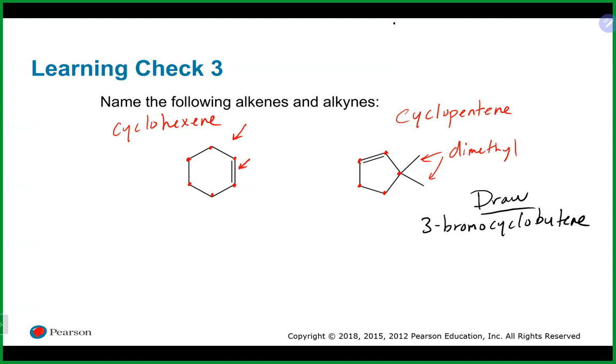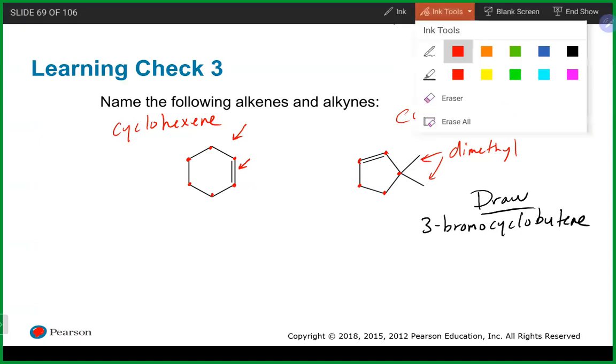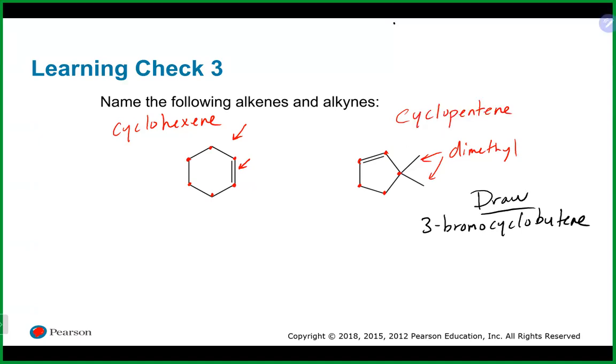In terms of numbering, we have 2 options. Remember that you do need to go through the double bond, which means you could start here and go counterclockwise, 1, 2, 3, 4, and 5. Or you could start at this guy at carbon number 1 and go clockwise, 2 and 3.